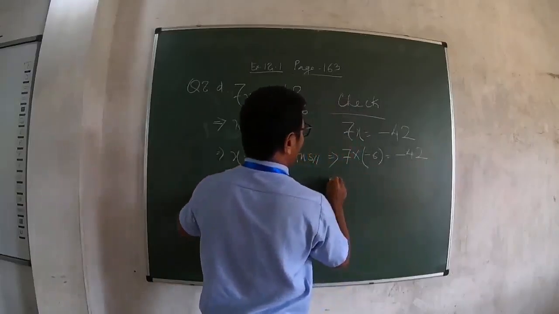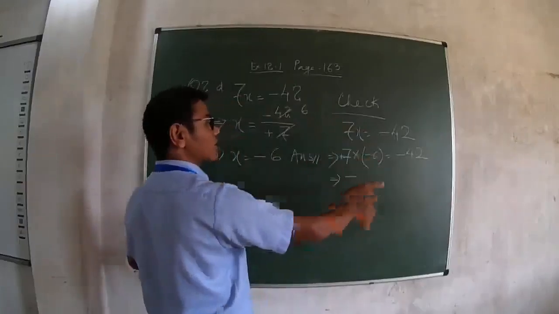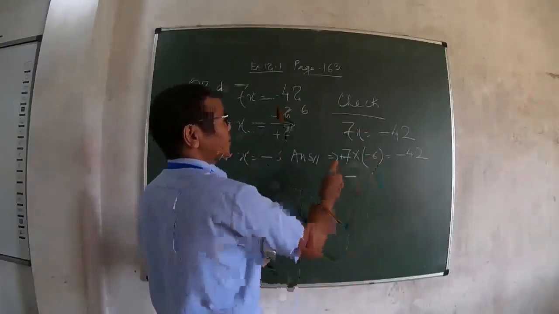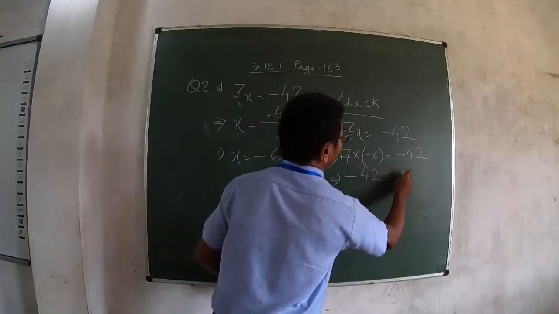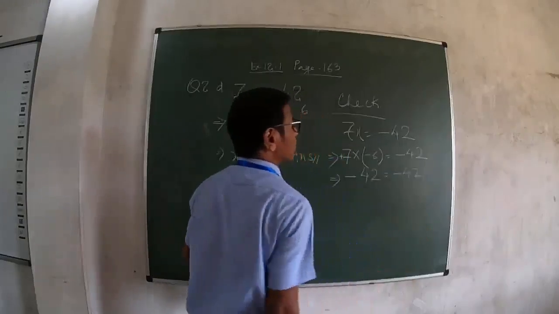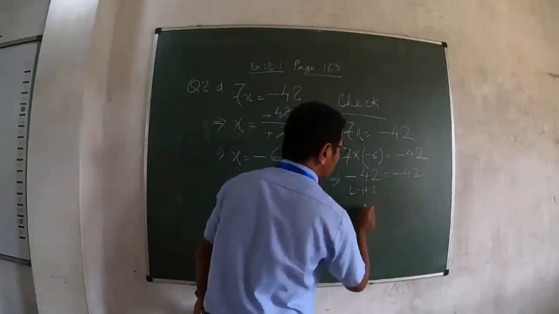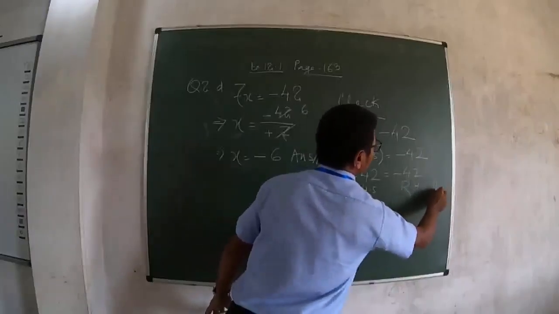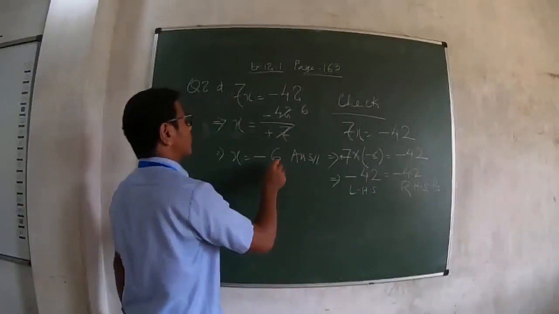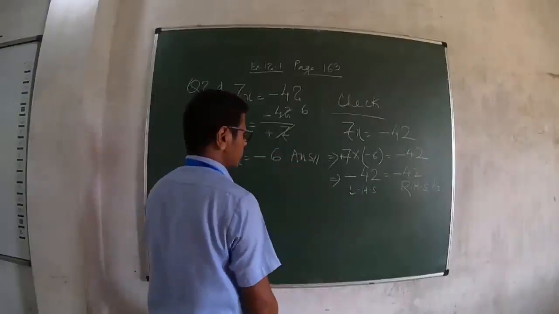Now we know plus and minus is minus. We have already done earlier also. 7 sixes are 42, so it is equal to minus 42. So the left hand side, that is the front side, is equal to the right hand side. That means the answer we have, x equal to minus 6, is correct.